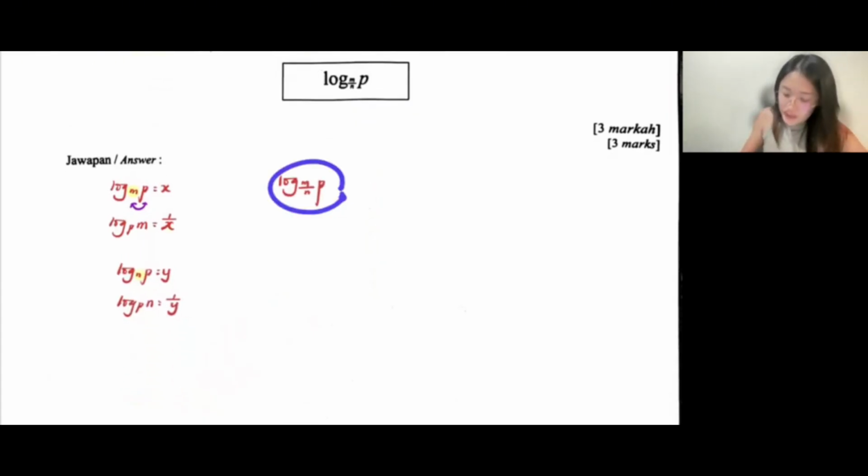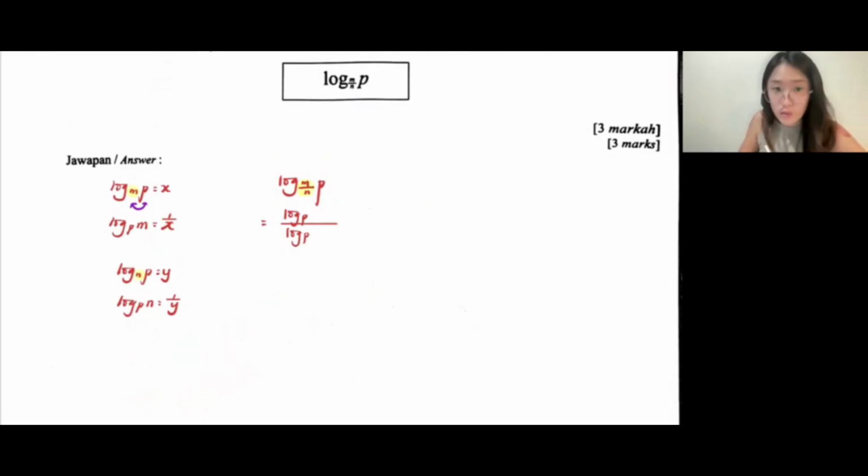Base m over n, I don't want base m over n. You can change the base to p. All right, changing base to p, top and bottom, you write log base p. Original base is m over n. Make sure your m over n is at the bottom. Base is always at the bottom. Then p will be on top. So when your base and the side letter is the same, then it will become 1.